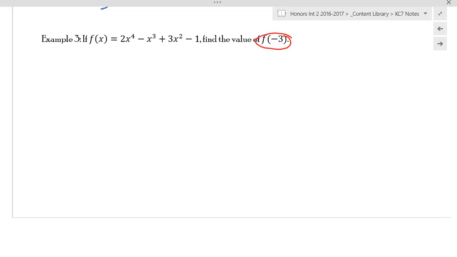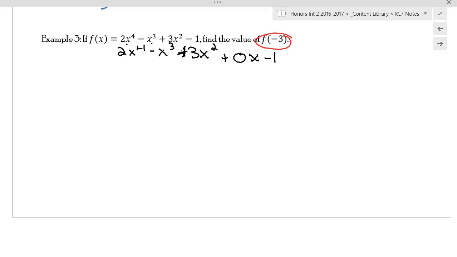Okay? So I'm going to use all my things here. One thing I noticed, I have 4, 3, 2, and then 0 x's. I'm missing the 1x. So this is really 2x to the 4th minus x cubed plus 3x squared plus 0x minus 1. Don't forget your placeholder terms. I need that 0, else it's going to throw off my synthetic division.